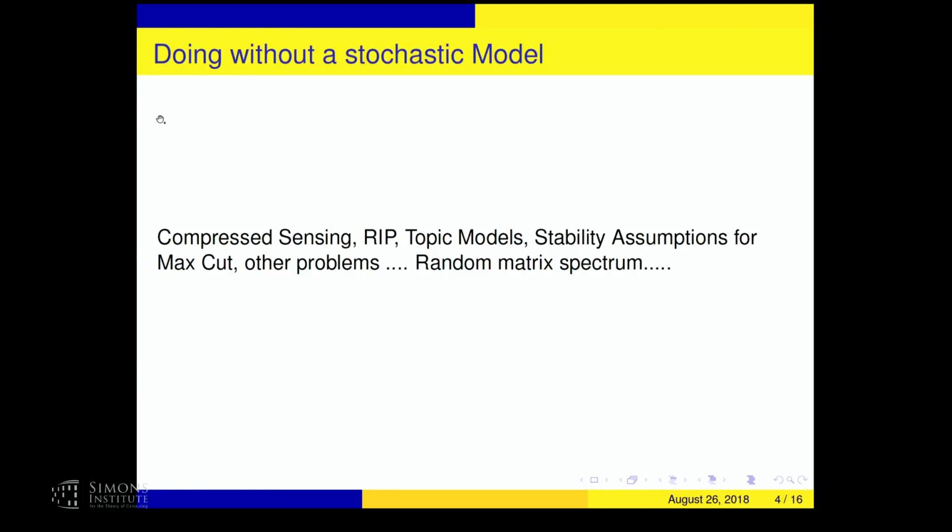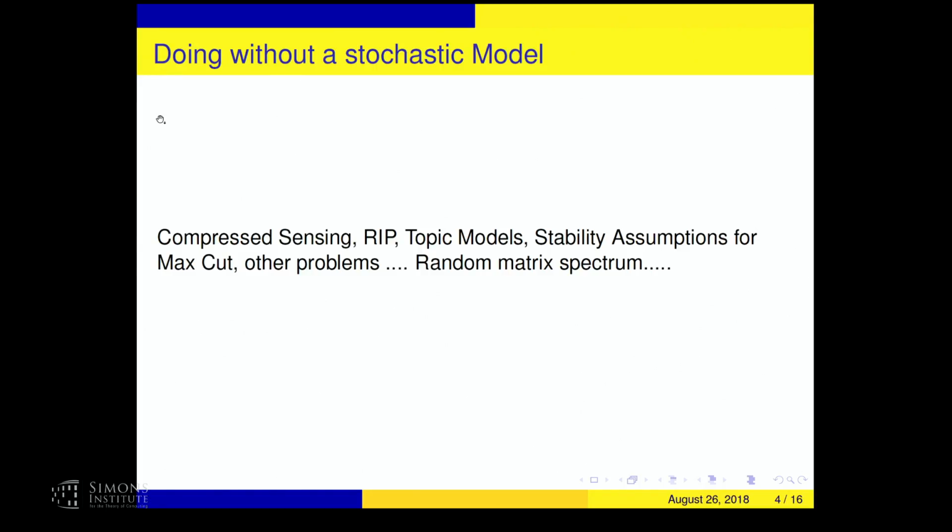Compressed sensing is an example where there's the assumption of incoherence. Now, it's arguable whether that's too strong also. People argue about that. But under those assumptions, they're deterministic assumptions. Or the restricted isometry property. There's some work in topic models now where you don't have to assume the stochastic model.